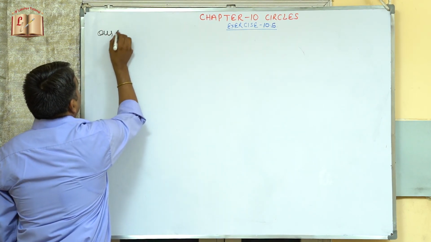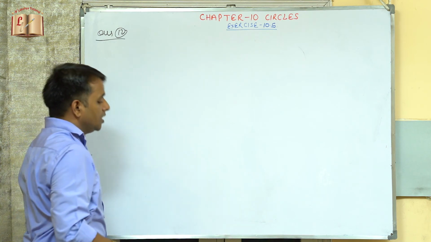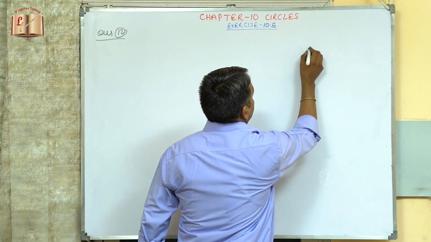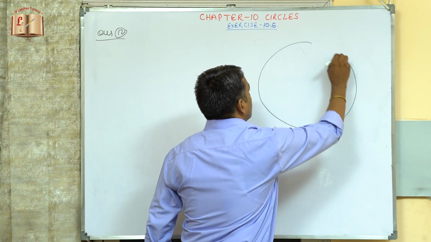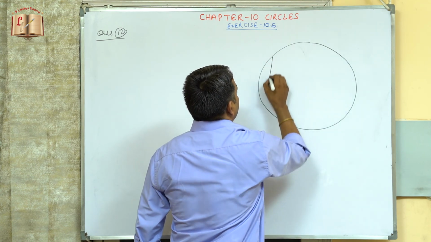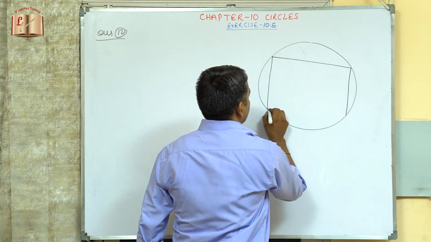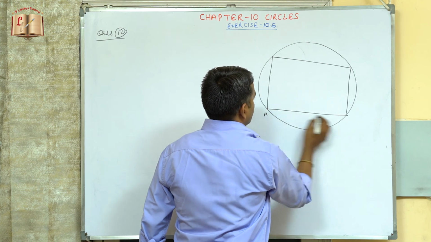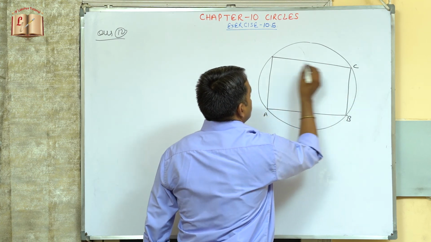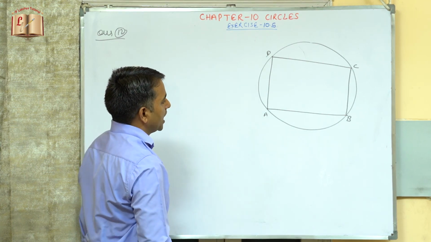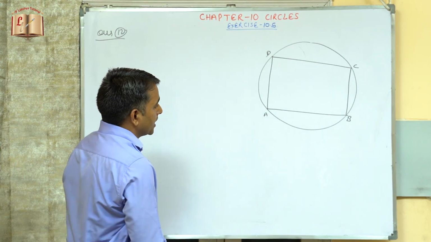Now coming to question number 12, we need to prove that a cyclic parallelogram is a rectangle. So cyclic parallelogram. This is A, B, C and D. We need to prove that a cyclic parallelogram is a rectangle.